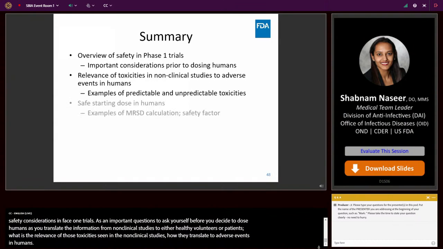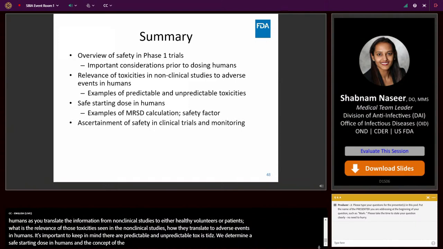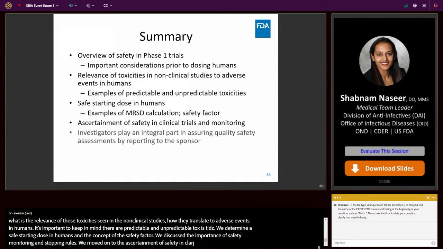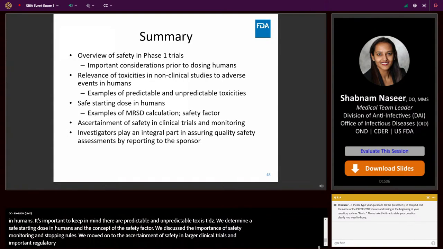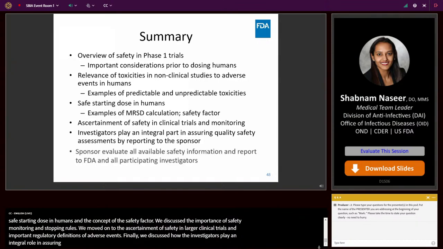We discussed how to determine a safe starting dose in humans and the concept of the safety factor. We discussed the importance of safety monitoring and stopping rules. We moved on to the ascertainment of safety in larger clinical trials and important regulatory definitions of adverse events. Finally, we discussed how the investigators play an integral role in assuring quality safety assessment by reporting to the sponsor, and then in turn how the sponsor will evaluate all available safety information and report to the FDA and all the participating investigators as well.